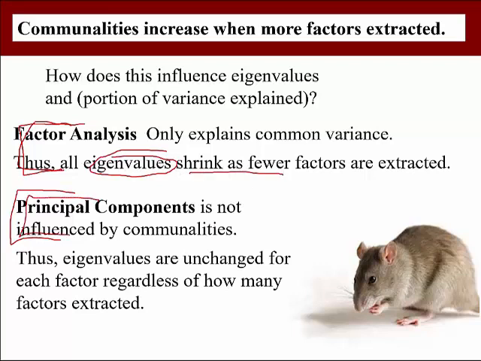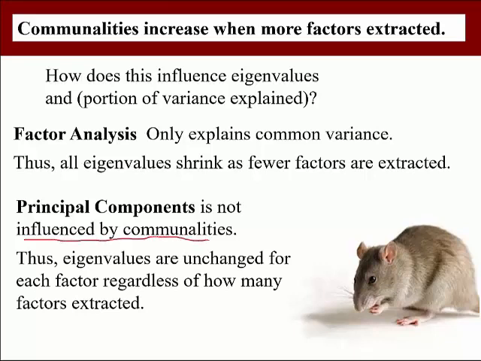Whereas with principal components analysis, your results were not influenced by your communalities. If you had a high communality or low, it didn't make a difference. And if I extracted more factors, the results from factor 1 stayed the same after I extracted factor 2 or factor 3 or factor 4.